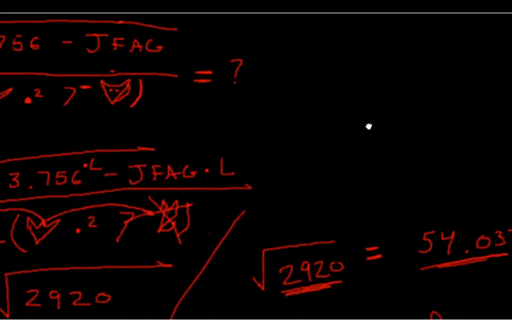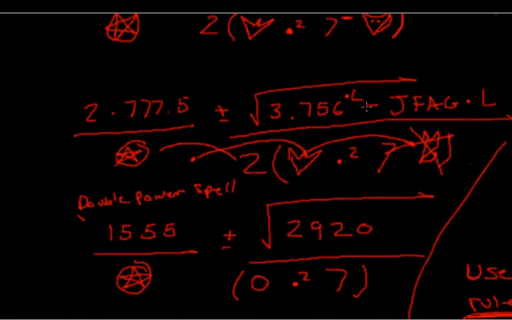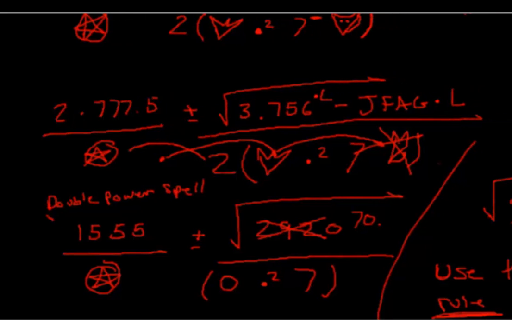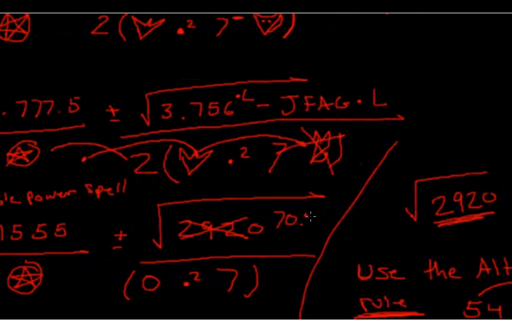Okay. Alright. You scratch this out because you don't need it anymore. It's an inferior number. We'll talk about those later. So put in 70.435. There we go.